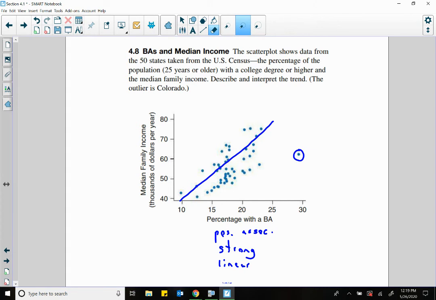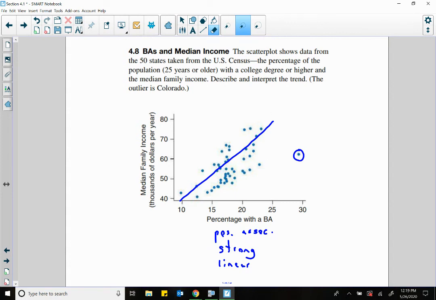Again, this is the percentage of those in your household that have a BA and the median income of your family. And again, these are the 50 states. So this is the percentage of those with a BA in each state, and this is the median family income for those states. I think I said that wrong a couple seconds ago.